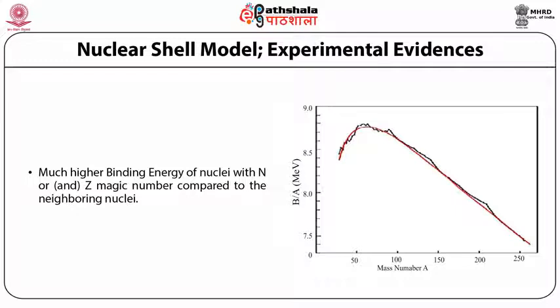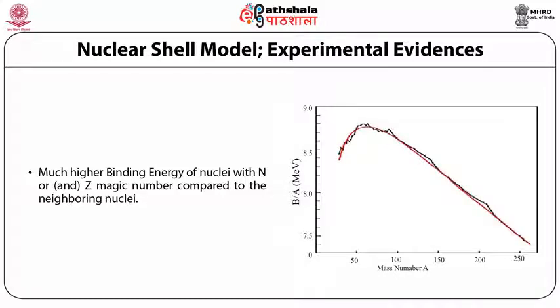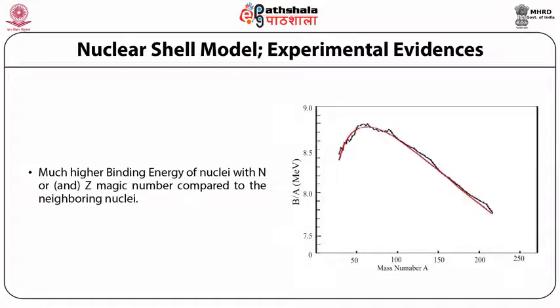If we track these kinks and see at which mass numbers they appear, we notice that they appear for those mass numbers in which either the neutron number is magic, or the proton number is magic, or both are magic numbers. So from this observation we can conclude that nuclei in which Z or N or both are magic numbers have more binding energy than the binding energy per nucleon predicted by the Bethe-Weizsäcker mass formula.